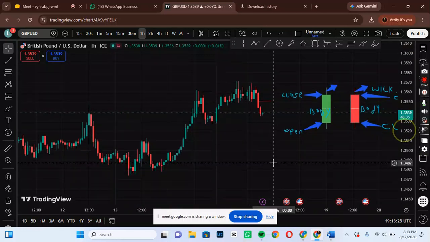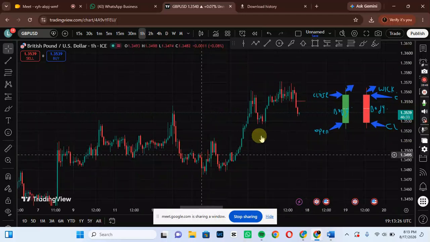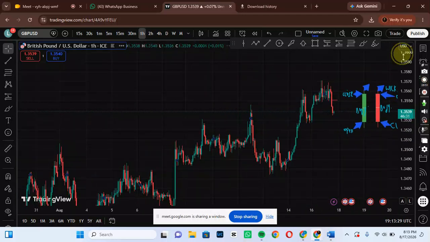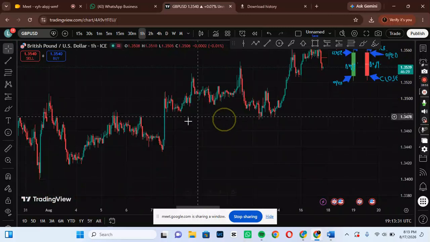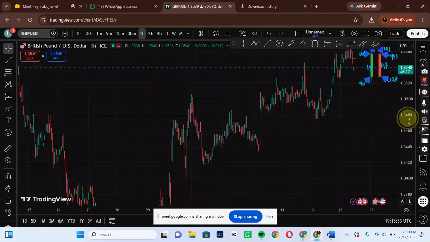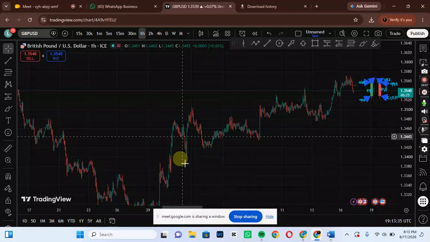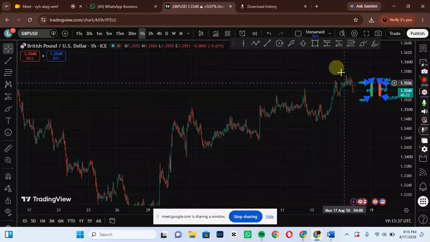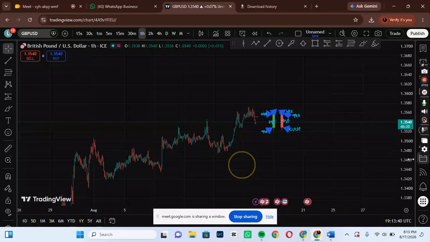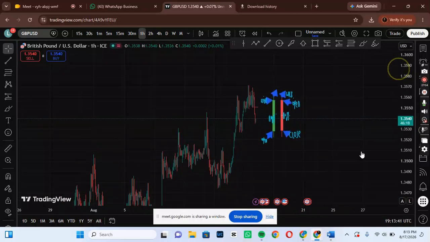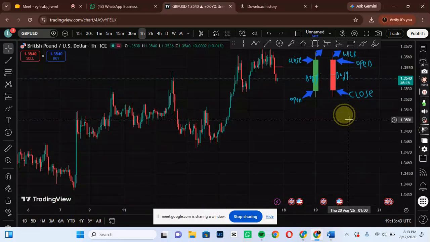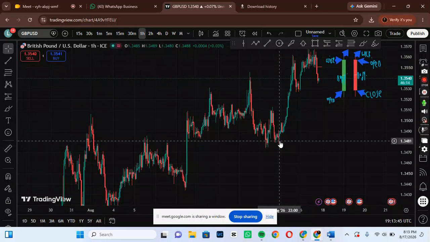So we have that movement in price, and what causes that? Whatever has to do with movement in price, you're seeing that price is going up, coming down, going up, coming down. What causes this actually? It's called market structure. Anything that has to do with how price moves is categorized under market structure.